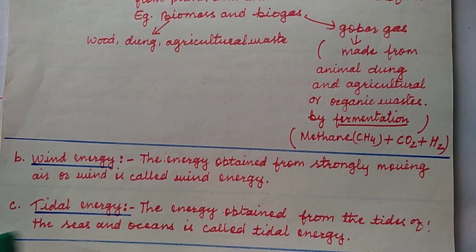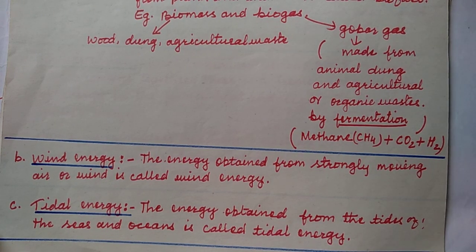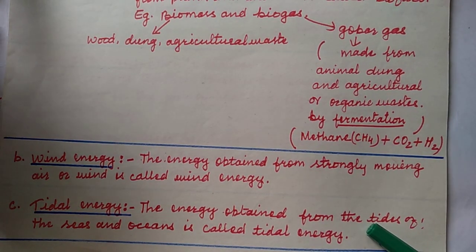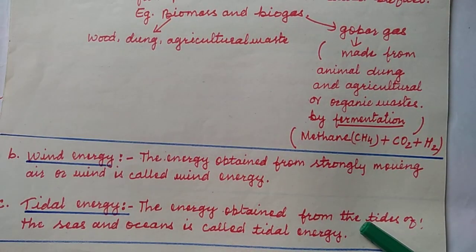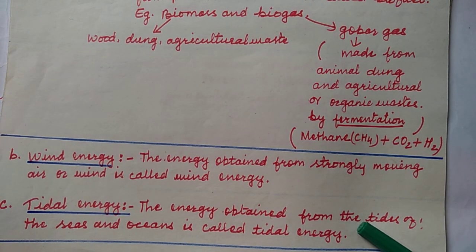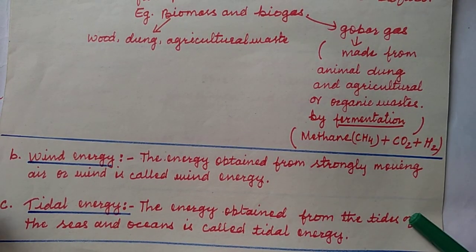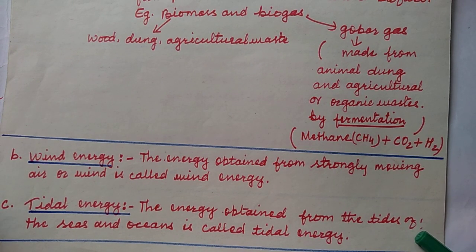Tidal energy: the energy obtained from tides of seas and oceans is called tidal energy. The tides occur on seas and oceans due to gravitational force between the earth, sun and the moon. The sea level and ocean level rise, the water is collected, and this collected water at dams and reservoirs is made to fall.